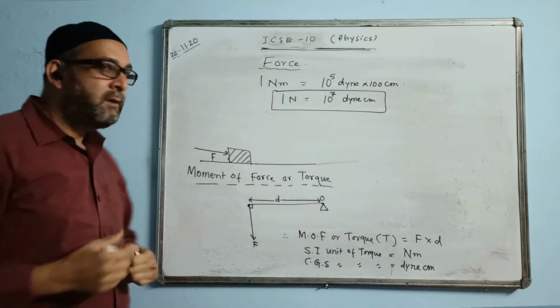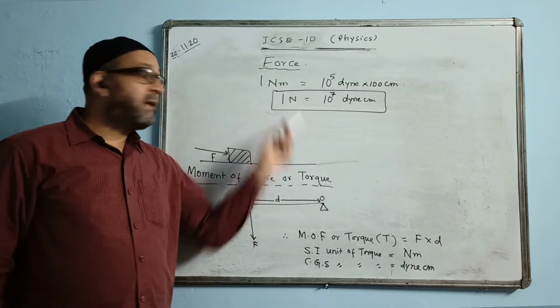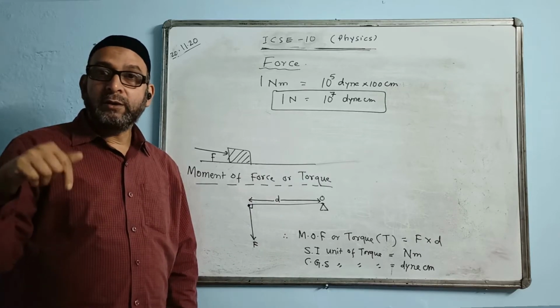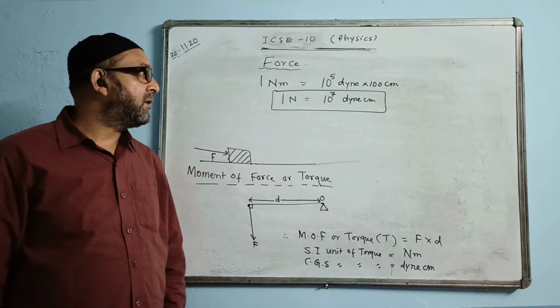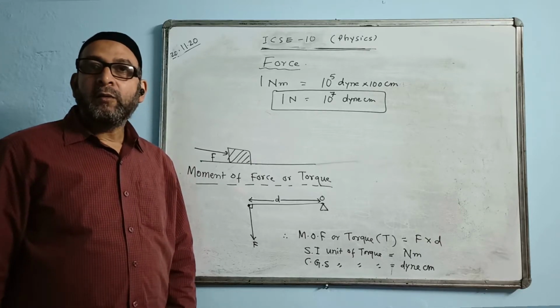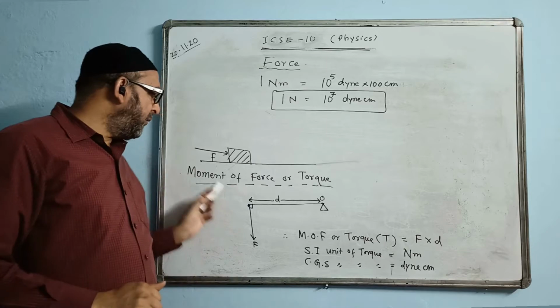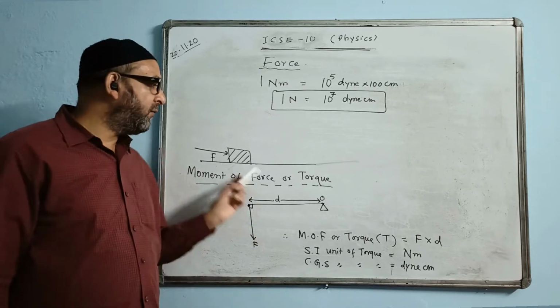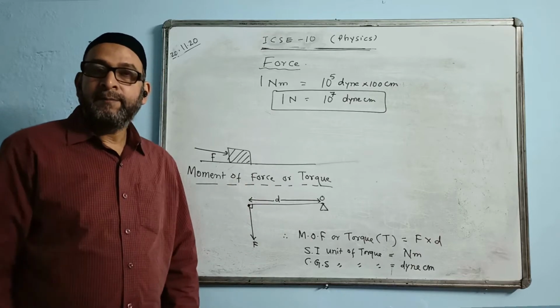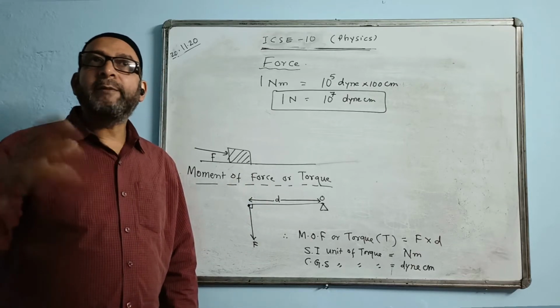This is the relationship. This one came in the year 2020. This year only this question had come in the physics question paper in ICSE. The question was, define moment of force. You can say the turning effect of force is called moment of force or the torque, and you can elaborate your answer.